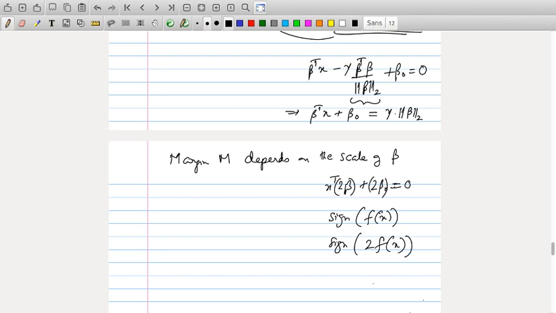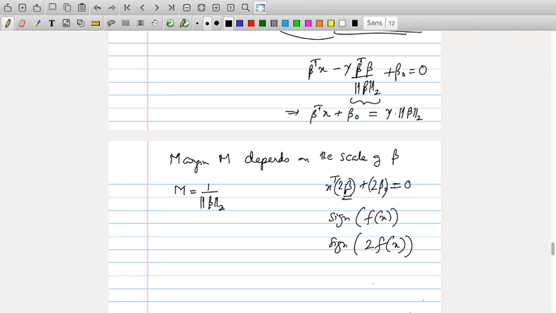So there is a degree of scale issue with m. I have not set beta to be of any scale. So I can choose beta to be 100 times something or 1000 times something. I have a degree of freedom, and that's why the definition of margin also becomes dependent on that beta. So I'm going to set m to be equal to 1 by norm of beta.